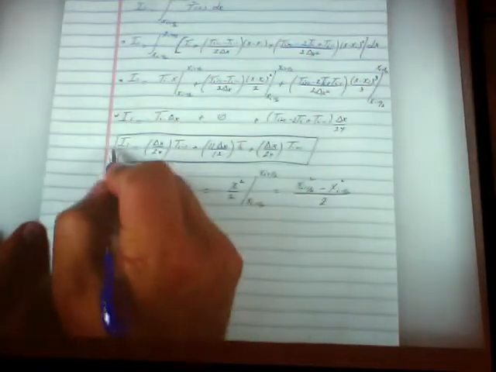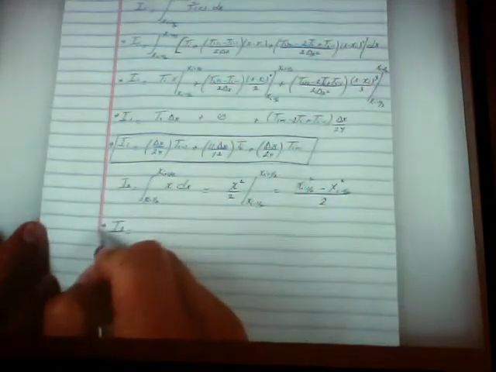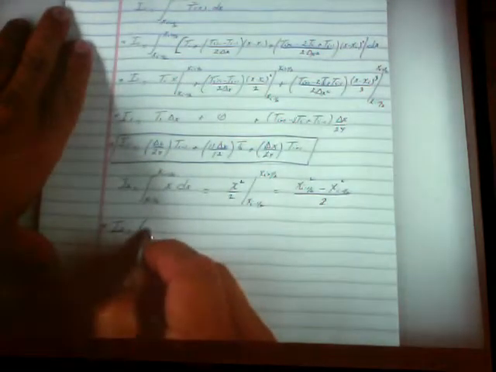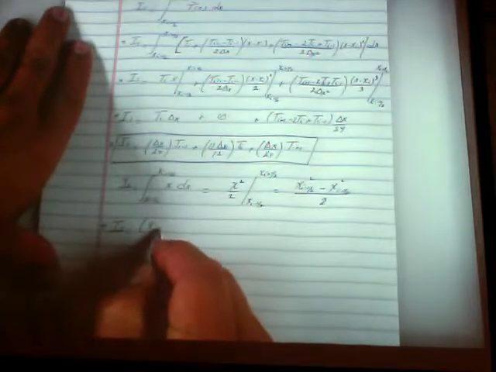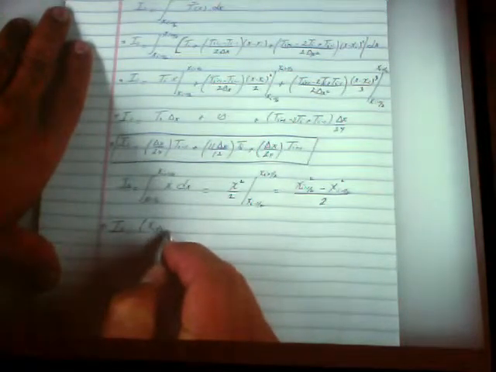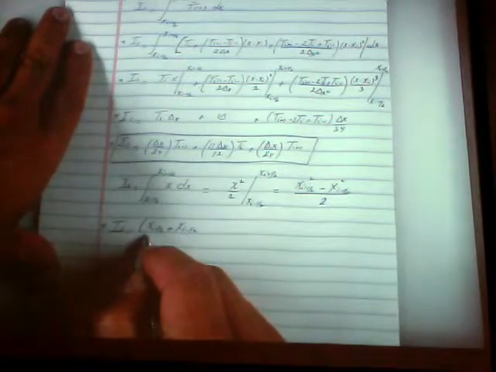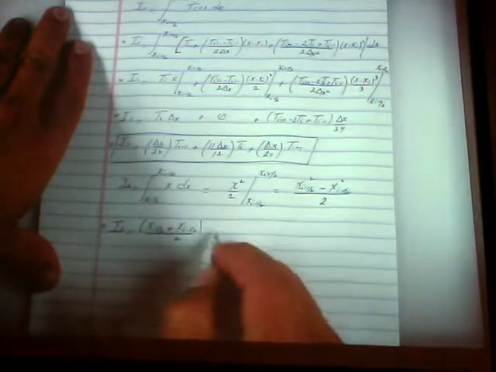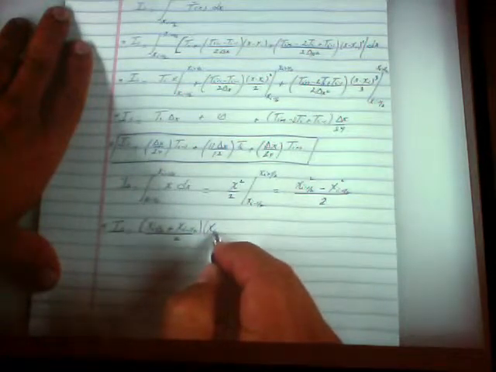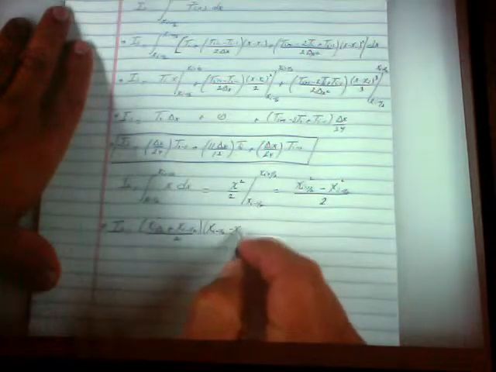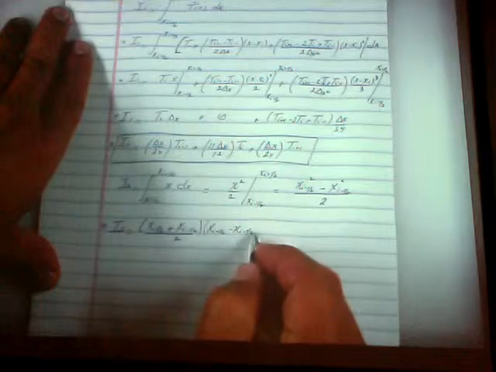So I2 will be, I can do the binomial square, and that would be (x_{i+1/2} plus x_{i-1/2}), leave the 2 here, times (x_{i+1/2} minus x_{i-1/2}).